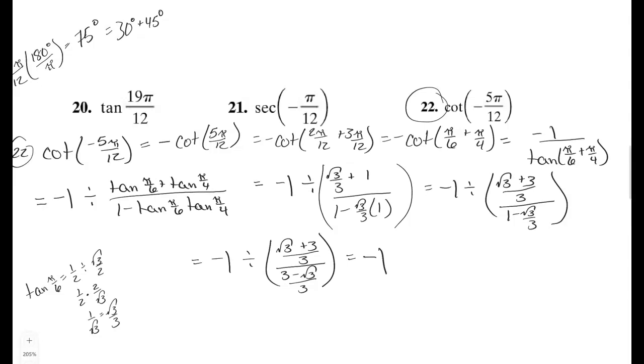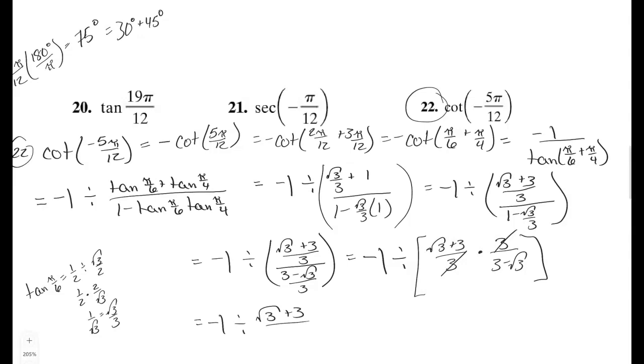So I've got -1 divided by, and when I do keep, change, flip on this, I'm going to change that division bar here to multiplication, and I'm flipping that second fraction. And you can see those are going to cancel. So I've got -1 divided by square root of 3 plus 3 over 3 minus square root of 3.